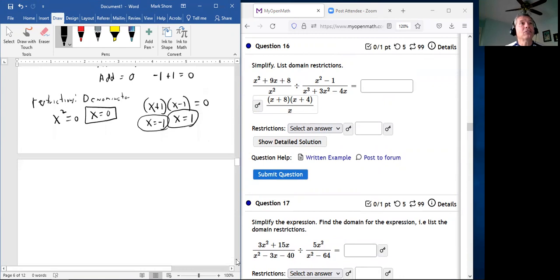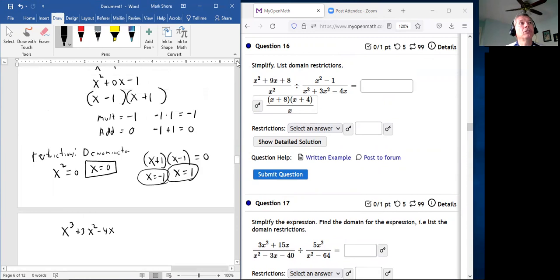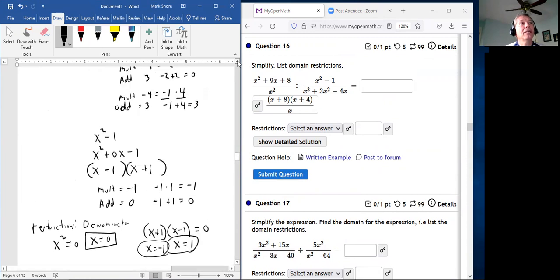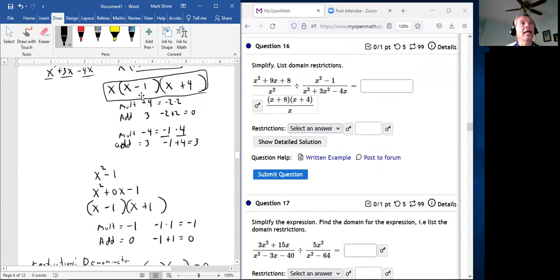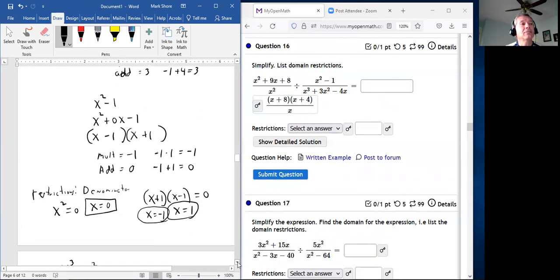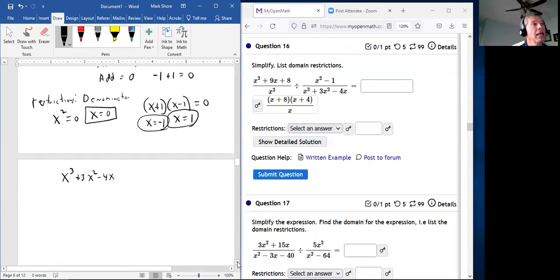That denominator of x cubed plus 3x squared minus 4x, that's the one that broke down into this whole bunch of junk, right? Where was it? Right here, x minus 1, x plus 4. So I'm going to write that down here. It was x, x minus 1, x plus 4.